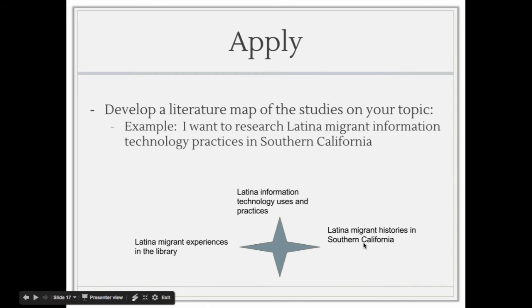I want to look at Latina migrant histories in Southern California to know the overall history and what's been written about Latina migrants. And then I want to look at Latina migrant experiences in the library, because ultimately I'm trying to speak to a need in the library. So try this out: break down your topic and see what 3 themes come up, and then proceed with researching those themes and starting to build your literature review.